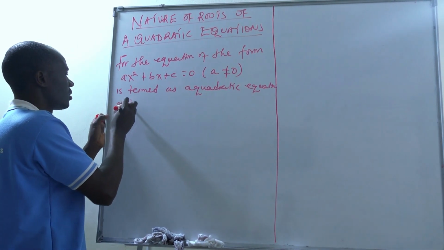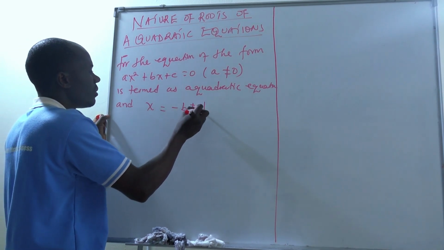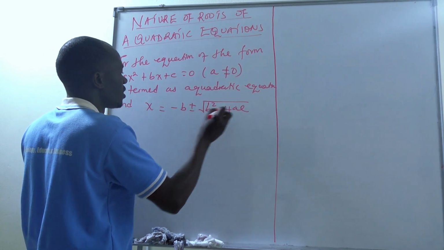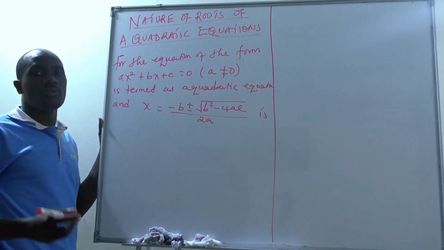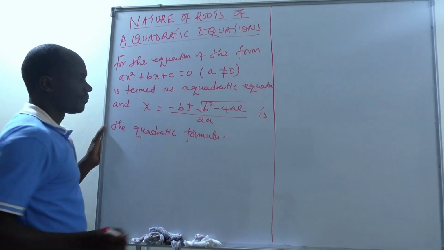And x equals negative b plus or minus root of b squared minus 4ac all over 2a is, as we proved the other time, the quadratic formula.